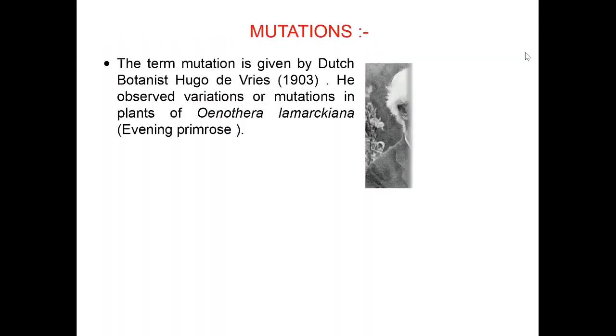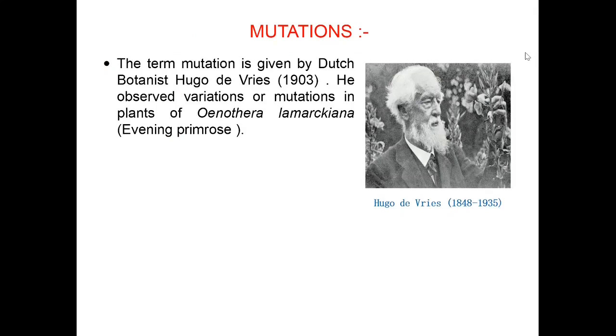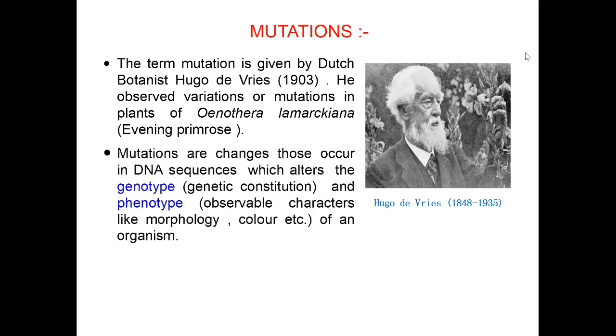Mutations. The term mutation was given by Dutch botanist Hugo de Vries in 1903. He observed variations or mutations in plants of Oenothera lamarckiana. Its common name is evening primrose.